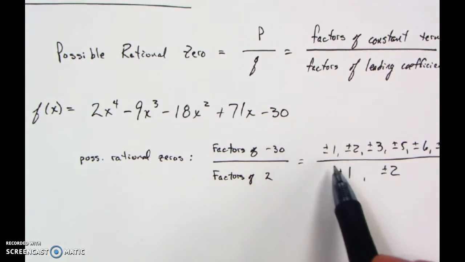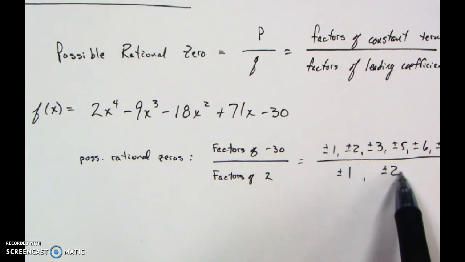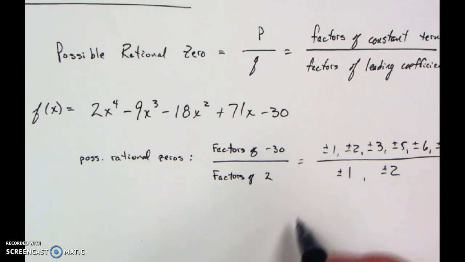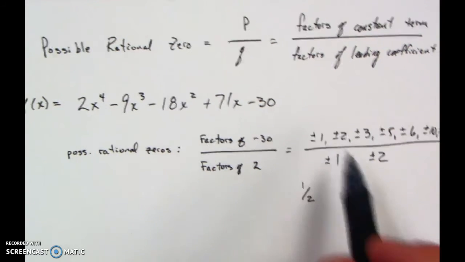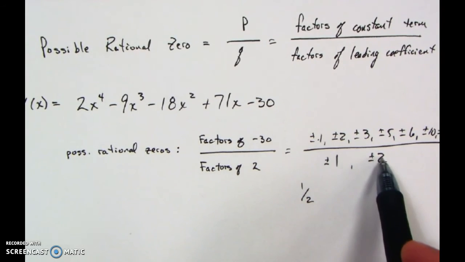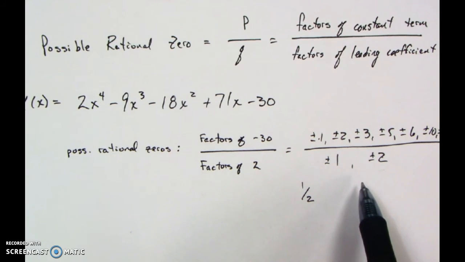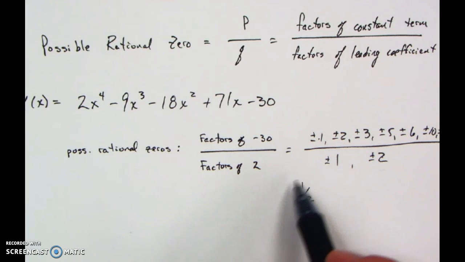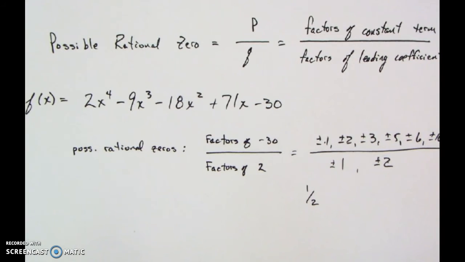As far as that value in between 0 and 1, if I look at these, because we can divide by 2, it looks like 1/2 is my best bet, because everything else, 2 divided by 2 is 1, 3 divided by 2, that's more than 1, and so it looks like 1/2 is a possible zero, and that helps us narrow down our search.